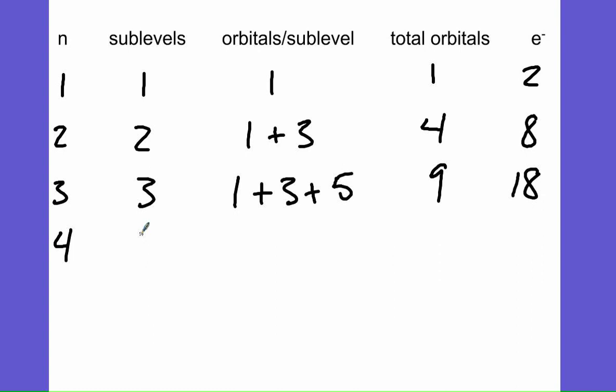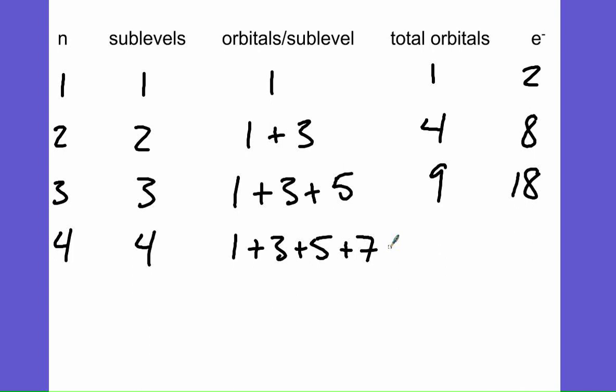Finally, I have my fourth energy level. That has 4 sublevels, S, P, D, and F. Right? There's 1 orientation, 3, 5, all the same as before. But now I have those F sublevel orbitals, and there are 7 of those because there's 7 orientations for that shape.